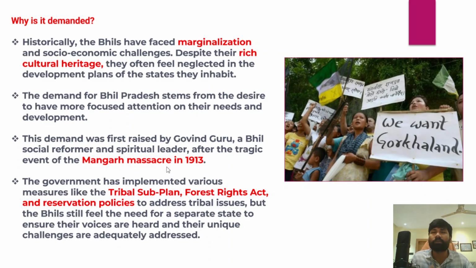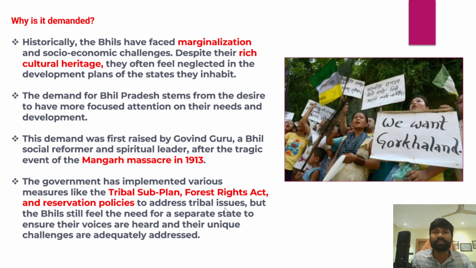However, the governments have been implementing a number of schemes and initiatives for the development and improvement of tribal people. For example, a Tribal Sub Plan was implemented to improve infrastructure in tribal areas. The Forest Rights Act and reservation policies were brought in so that these policies can address tribal issues in an adequate manner.